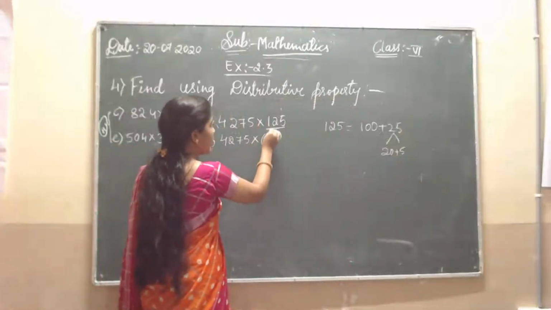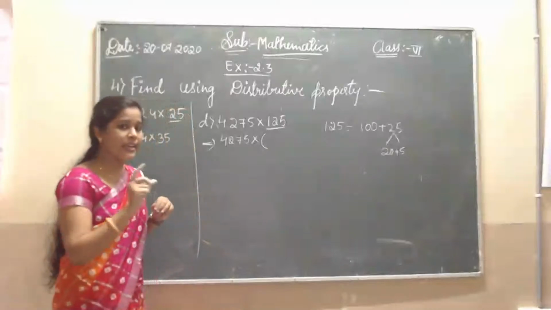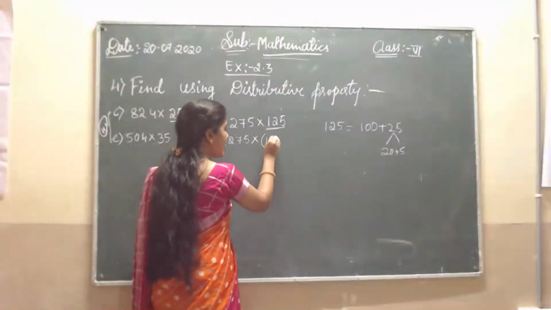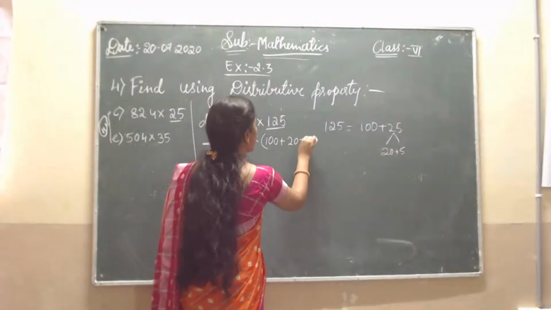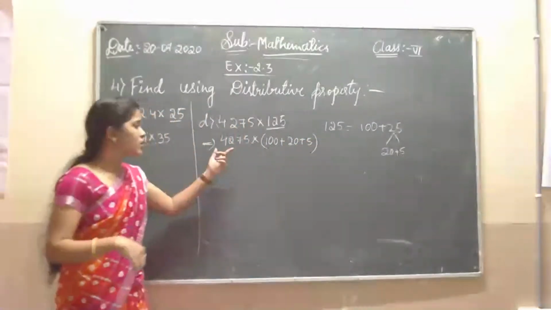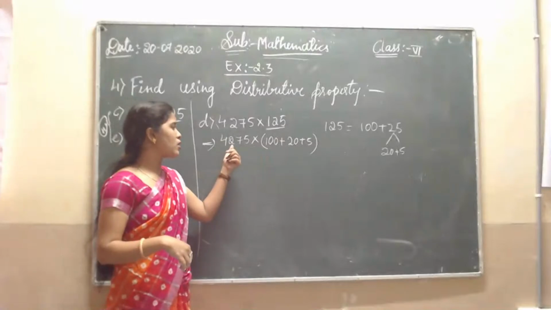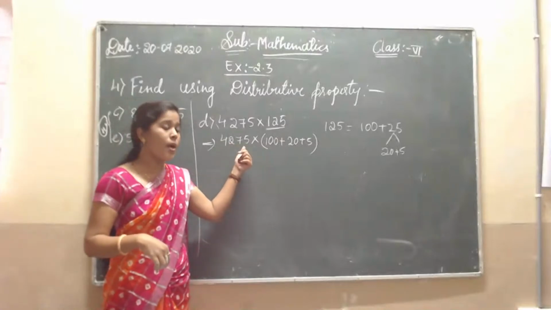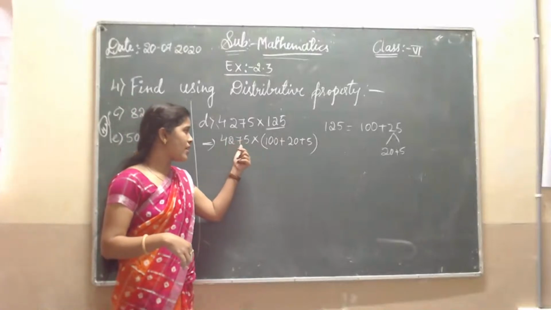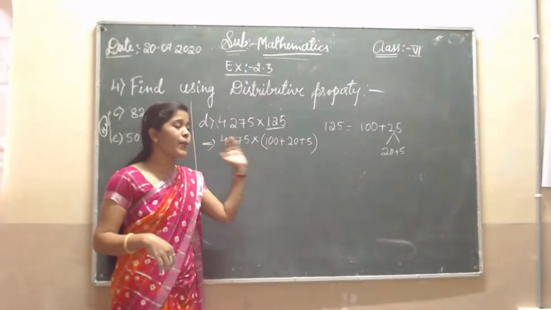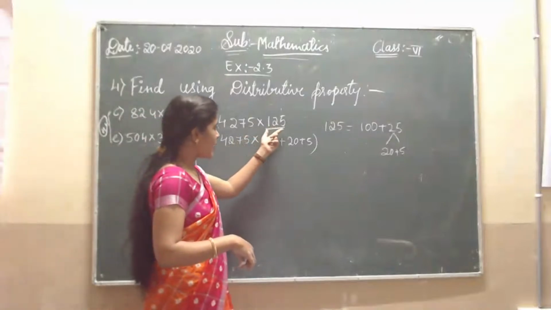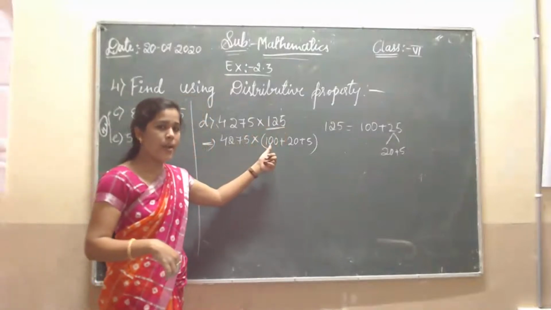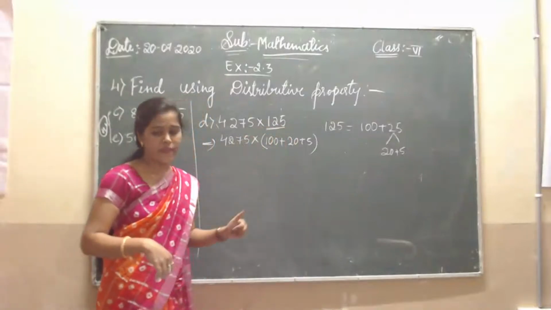In place of 125, write 100 plus 20 plus 5. Multiply 4,275 with these three numbers. Understood? Split 125 as 100 plus 20 plus 5.